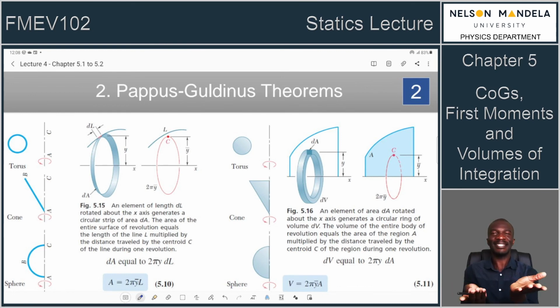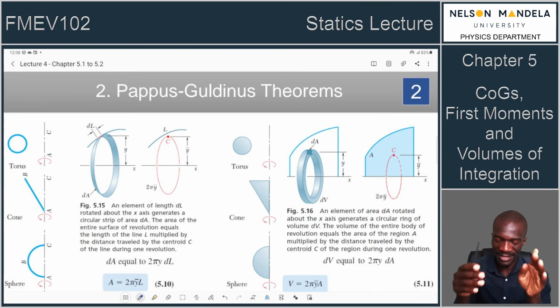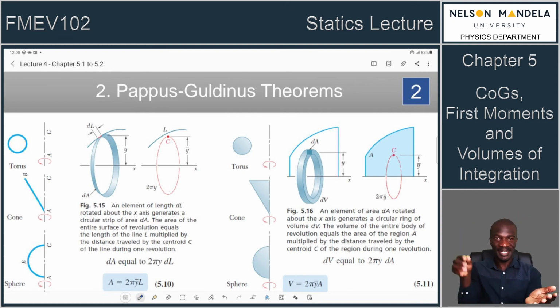You turn it into some tube, some circle. Even a cone, you would take a shape, it could look triangular, then you find a way of turning it until it makes a cone.